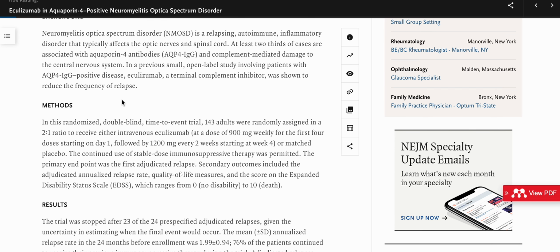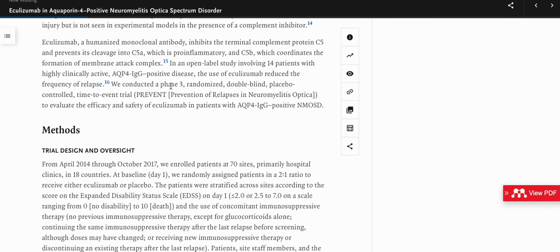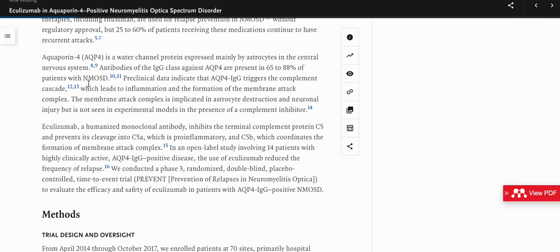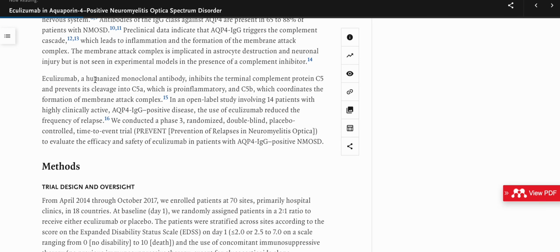So they are talking about reducing the frequency of relapse. So I guess this is their main outcome variable. We can also see in the introduction itself. It would give us a more clear idea.